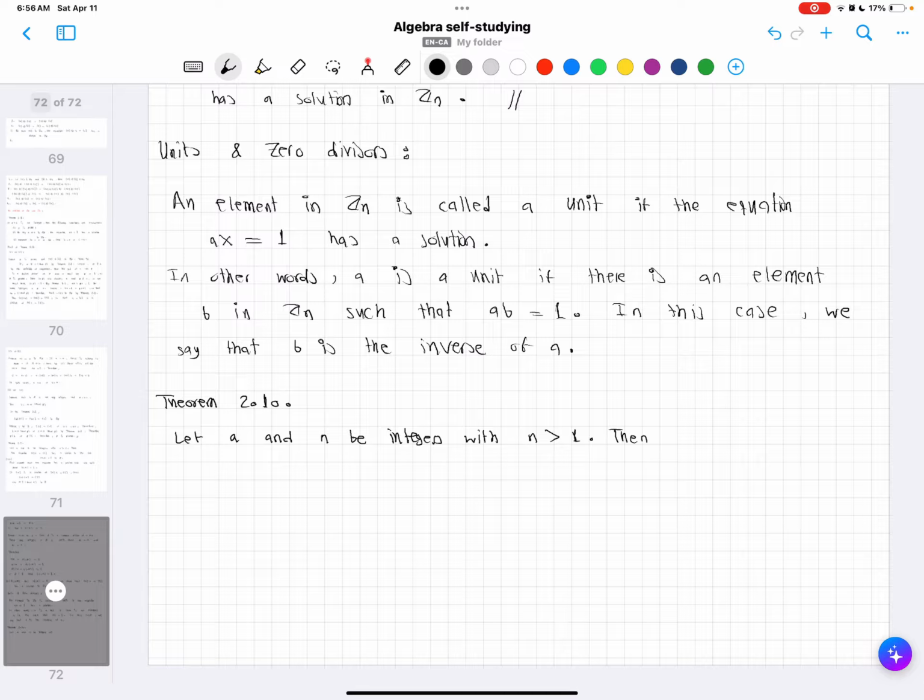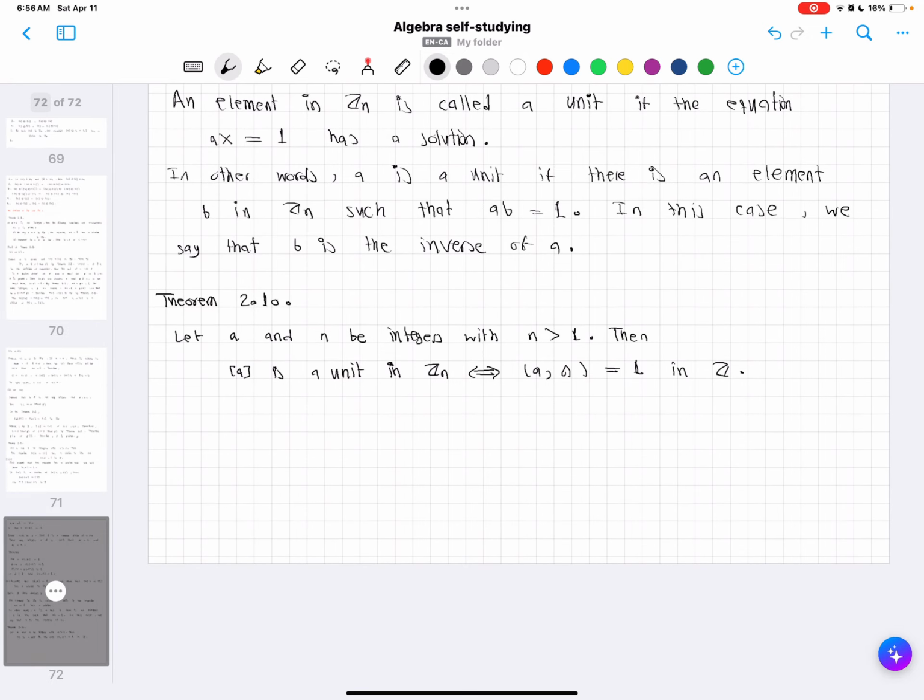Then the class of a is a unit in Zn if and only if the GCD between a and n is equal to 1 in Z. So all of this at core really depends on Bezout's theorem, which at core really depends on how well things sit with respect to each other. So there is structural integrity involved here.